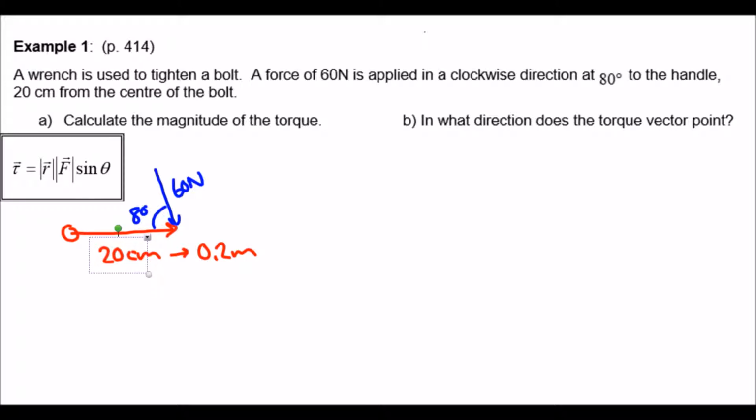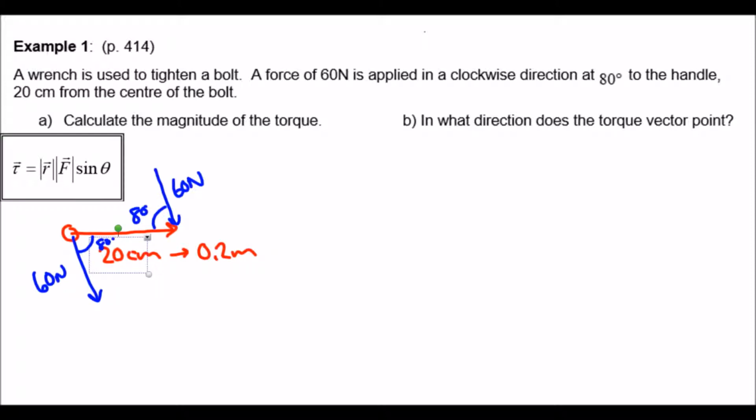We're going to put the vectors tail to tail, because this formula is the cross product. So I'm going to move this vector down here so the vectors are tail to tail. This is still, of course, 600 newtons. Using Z pattern, this angle here is also 80.